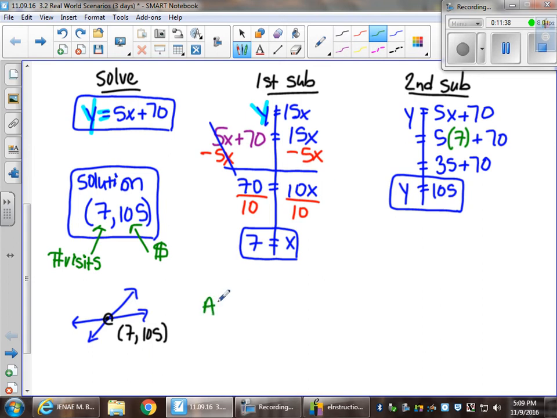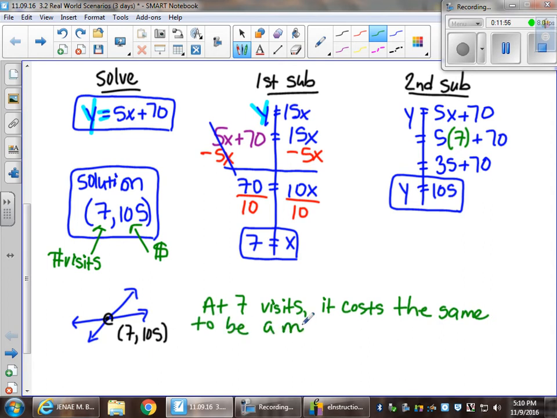So at 7 visits, it costs the same to be a member or a non-member.